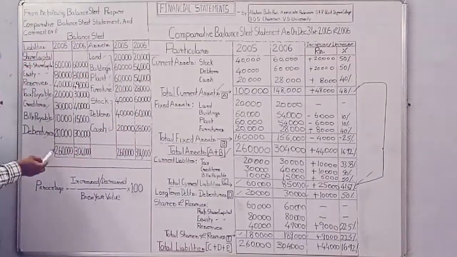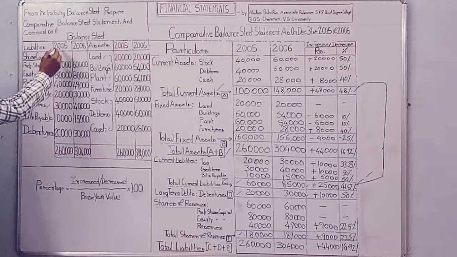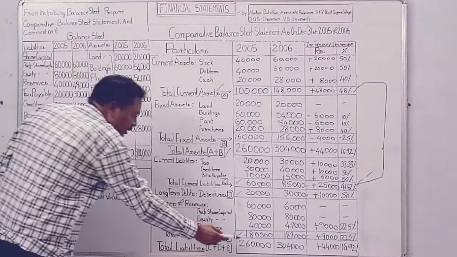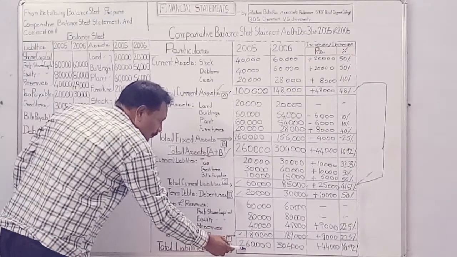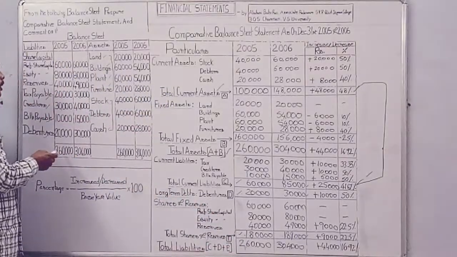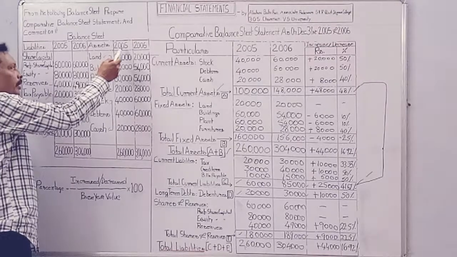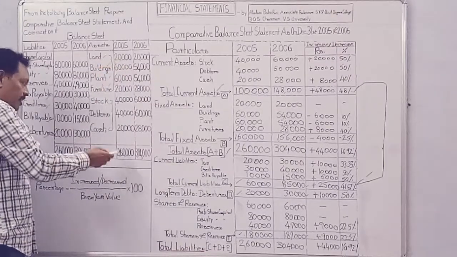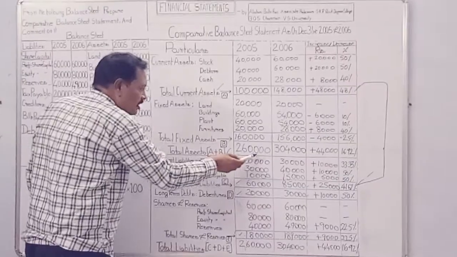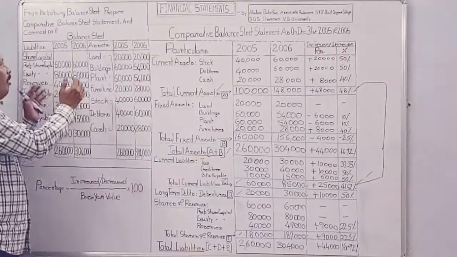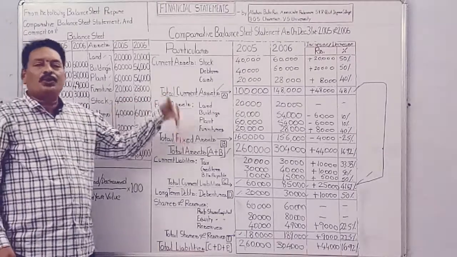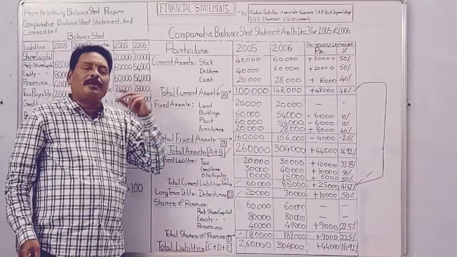That's why when you observe these 2005 total liabilities 2,60,000, this is the value already given in the question paper. At the same time, asset side 2,60,000. That means all the totals of the balance sheet are also shown in the statement.